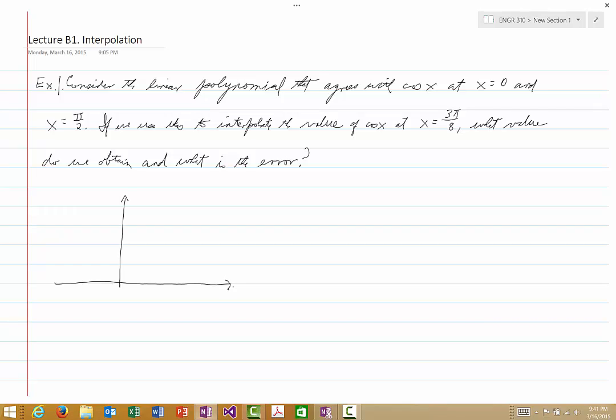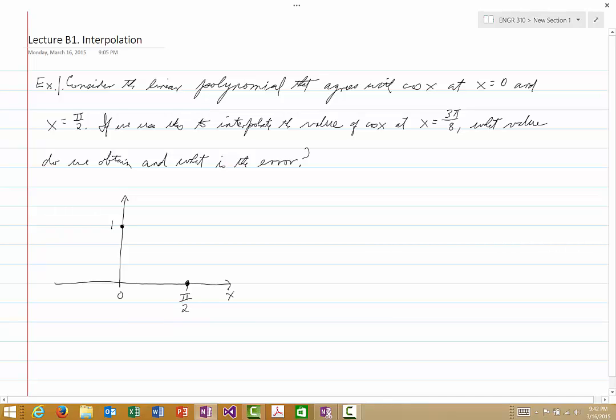Now, we know, of course, that the cosine of 0 is 1. So here, this is the x-axis, and here's 0. So we know that at x equals 0, our function is equal to 1. And then we also know that cosine of pi over 2 is 0. So if we come out here to x equals pi over 2, we have this value.